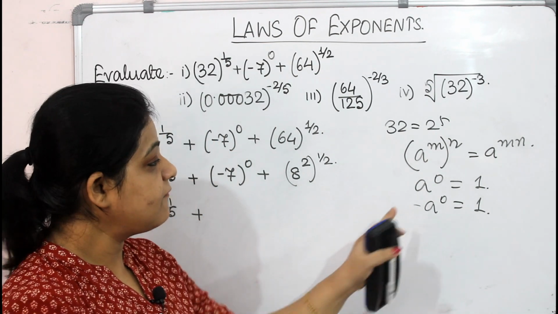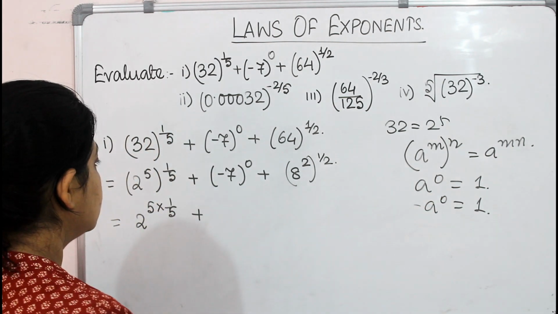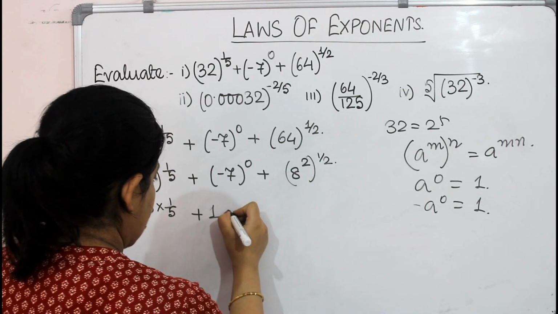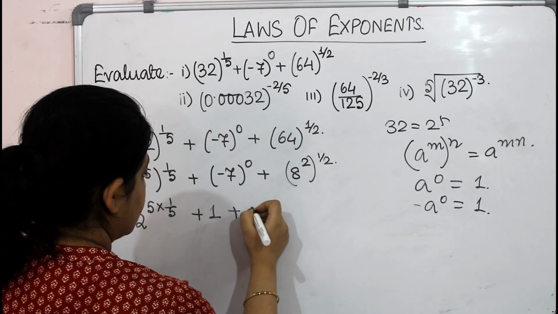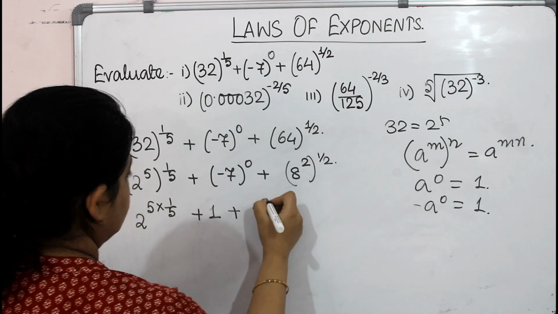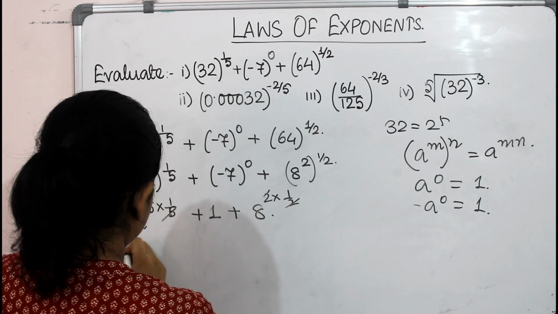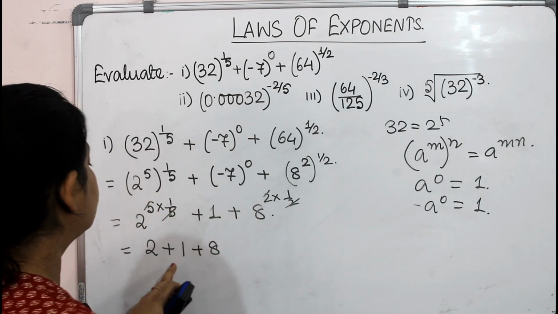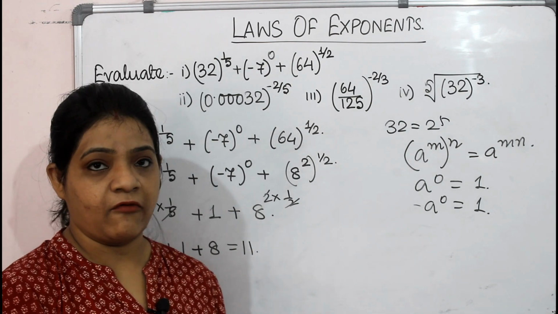If a to the power of 0 is 1, and it is minus, so this will be just minus 1, plus 8 square into half, so that is 8, or 2 into 1 by 2. So 5 gets cancelled, 2 gets cancelled. So 2 plus 1 plus 8, so 3 plus 8, that is 11 is the answer for this.